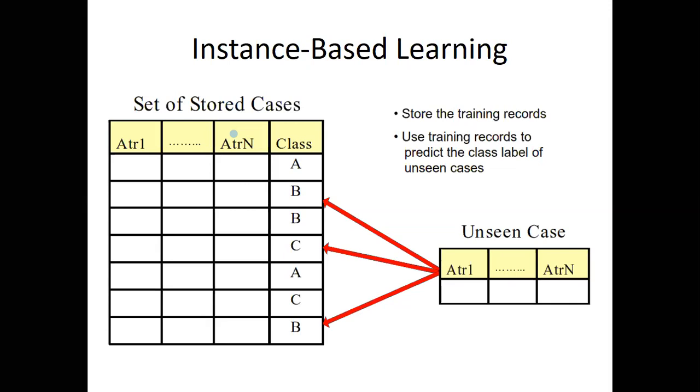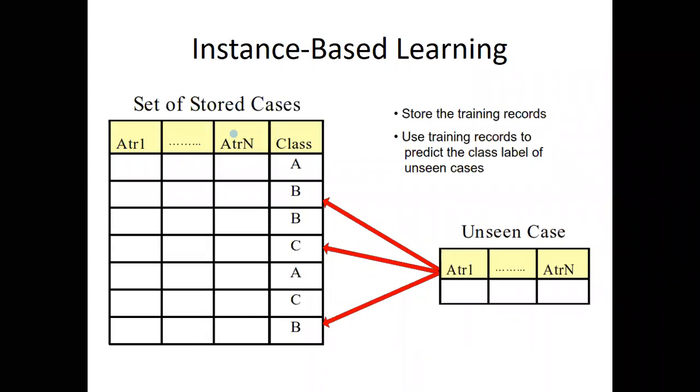It is for our understanding. You have to understand what kind of algorithm you are learning or implementing, and when you have to implement, whether it has to be supervised or unsupervised. Instance-based learning algorithms are supervised learning algorithms because we are using labeled data.